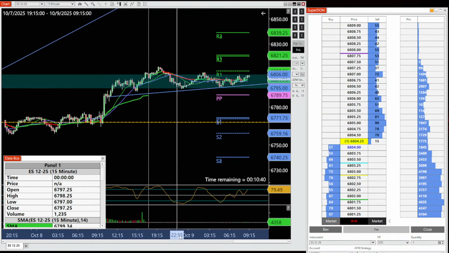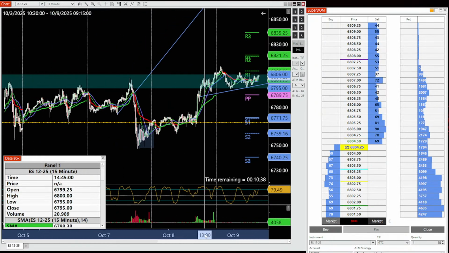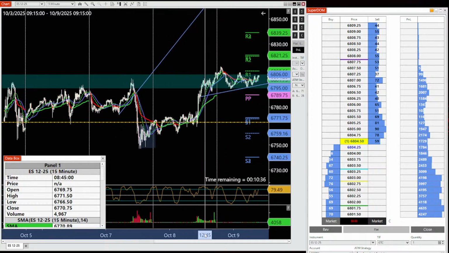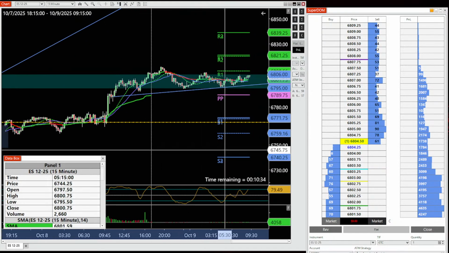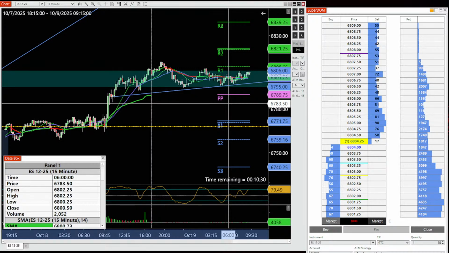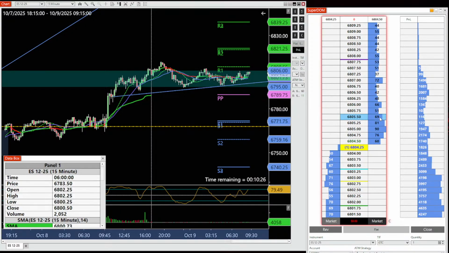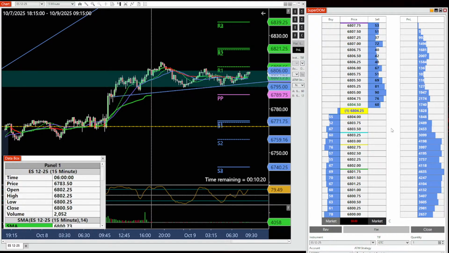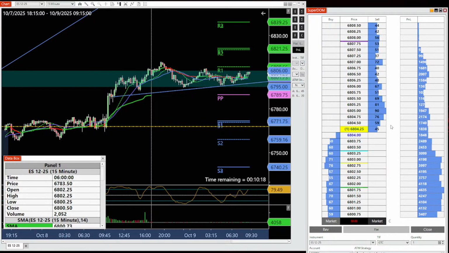And if we see it, they see it. But they don't want us to ride with them. They want to stop us out and take the ride themselves. Look, the orders getting stacked right here. Orders getting stacked right there.